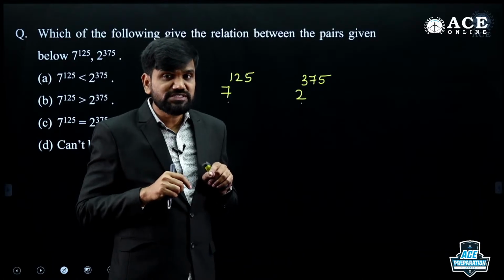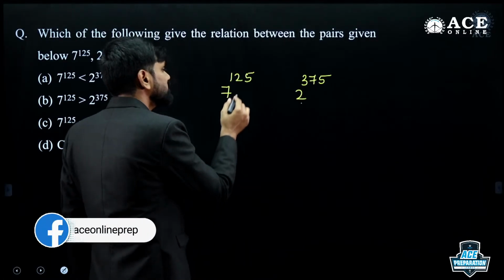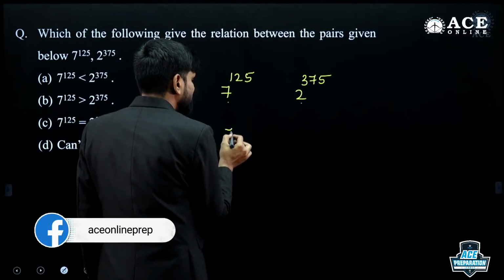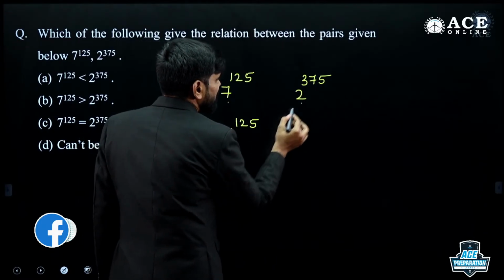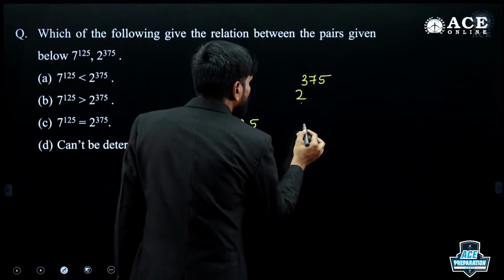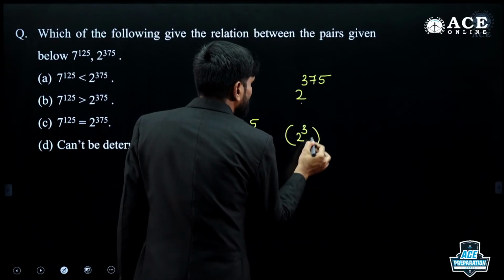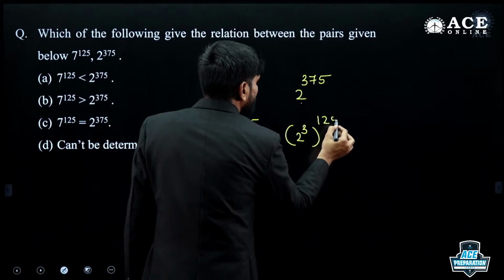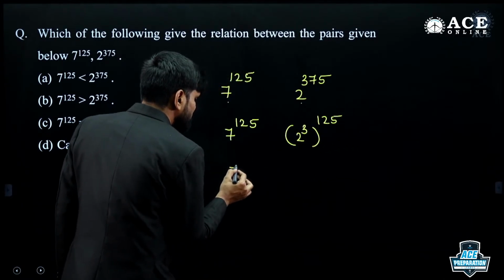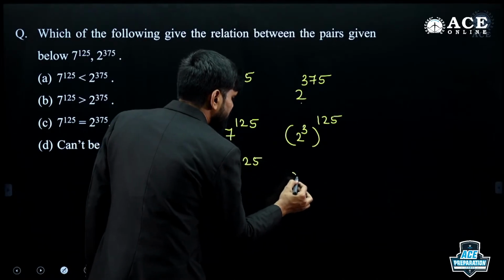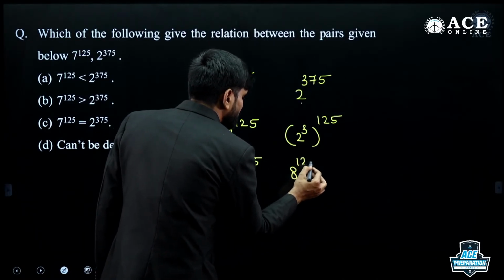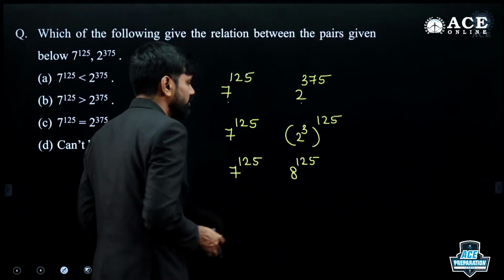To make the powers same, what I suggest you to do is, you can write this as 7 to the power of 125, second one it is 2 cube whole to the power of 125. This will be how much, dear? 7 to the power of 125. This is 8 to the power of 125.